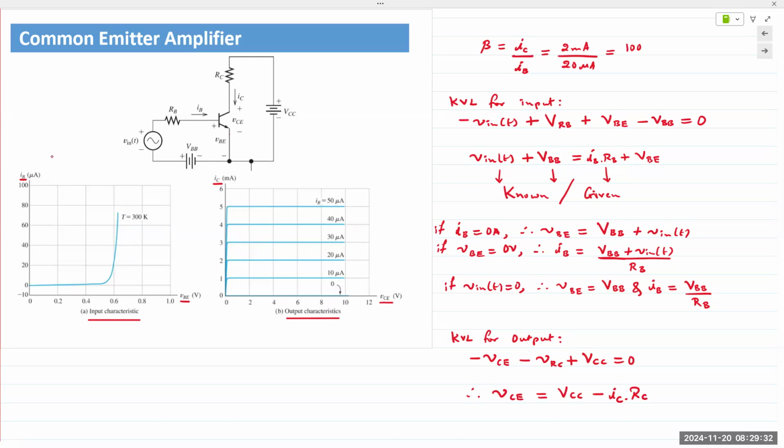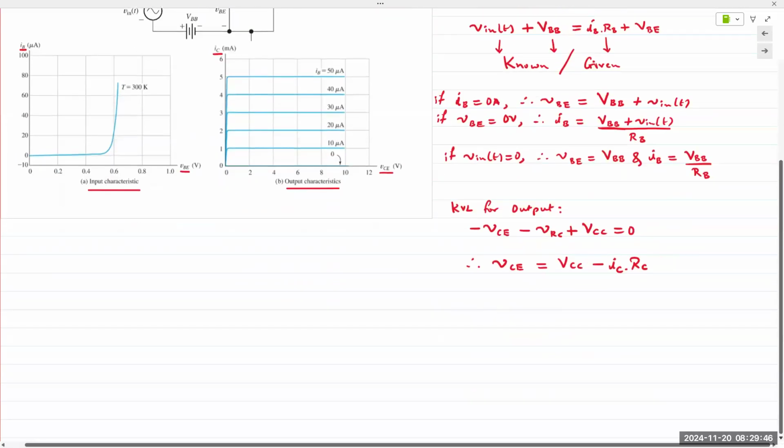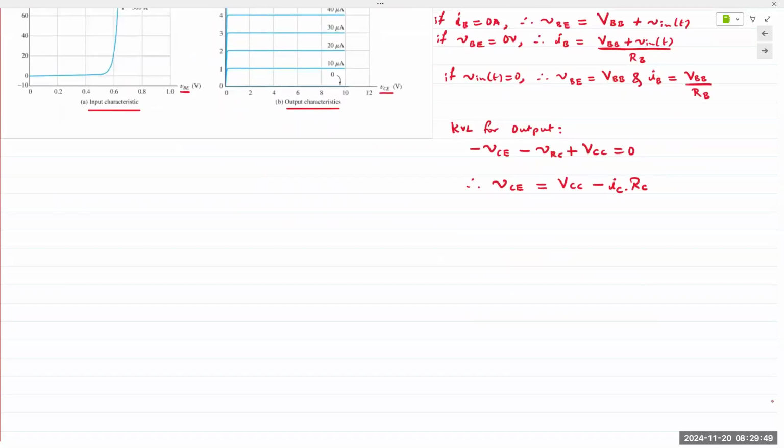This equation is key in why we have a phase shift of 180 degrees. We'll see that in the next slide. So this is our KVL expression for the output voltage, VCE.